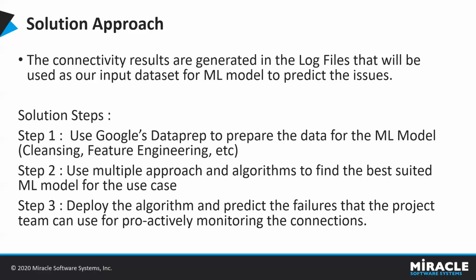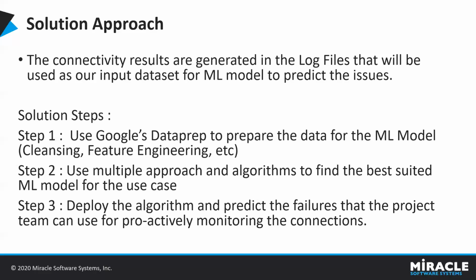Using multiple approaches and algorithms, we will find the best suited machine learning models, and then deploy this algorithm to predict failures and ensure that the project team can proactively monitor the connections.